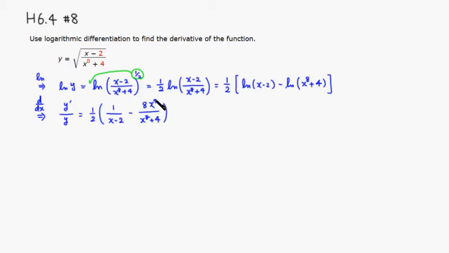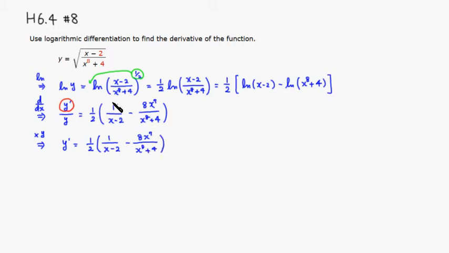Then all you really have to do is multiply both sides by y, because y prime is what we're looking for. So y prime is equal to 1/2, and you can distribute if you want, but I'll just leave it like that, times 1 over x minus 2 minus 8x to the 7th power over x to the 8th power plus 4.